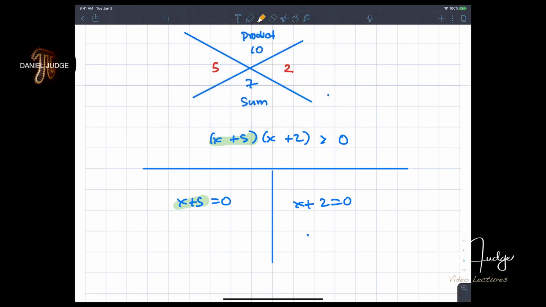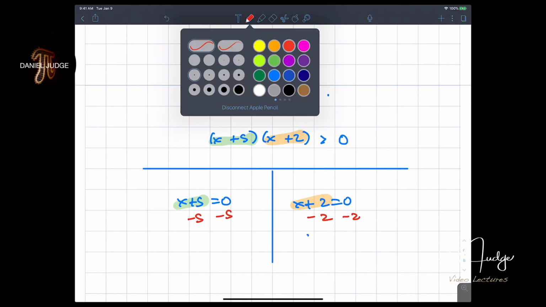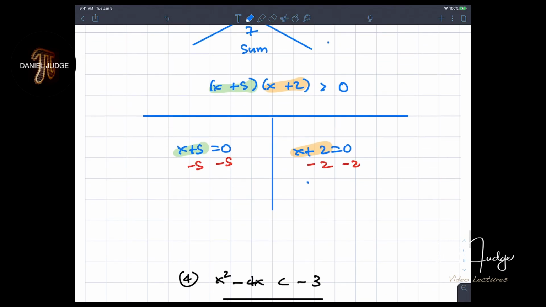And then we have over here x plus 2, that's 0. Minus 5, minus 5. Minus 2, minus 2. And I get 0 minus 5 here will be x is -5. And over here we get x is -2.